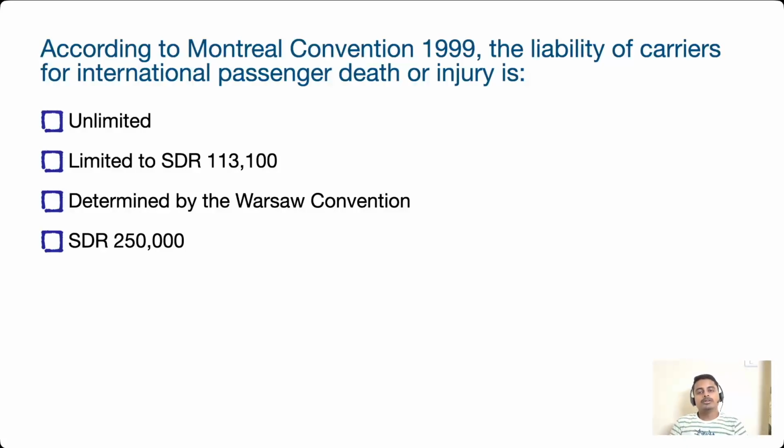So under the Montreal Convention of 1999, there is no fixed financial limit for compensation in case of passenger death or injury, but for damages up to 113,100 SDR, that is Special Drawing Rights, the airline must pay and cannot dispute the claim. They have to pay. They cannot dispute by saying that we were not negligent or something. But for amounts above this limit, the 113,100 SDR, the airline can avoid paying if they are able to prove that they were not negligent.